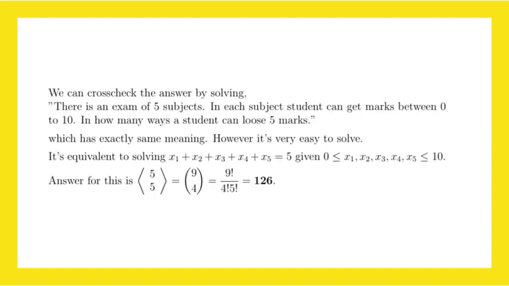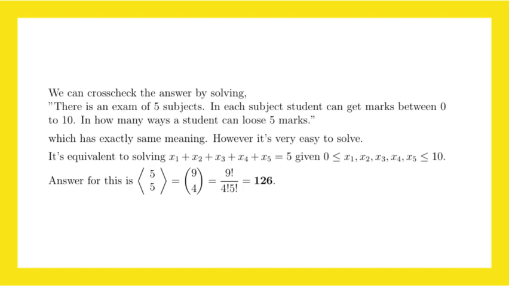Now whether this answer is correct or not, we can cross check by an altogether different method. Consider the problem statement as an exam of 5 subjects, in each of which a student can get marks between 0 to 10, so this part is the same. Now we change the question: in how many ways can a student lose 5 marks?